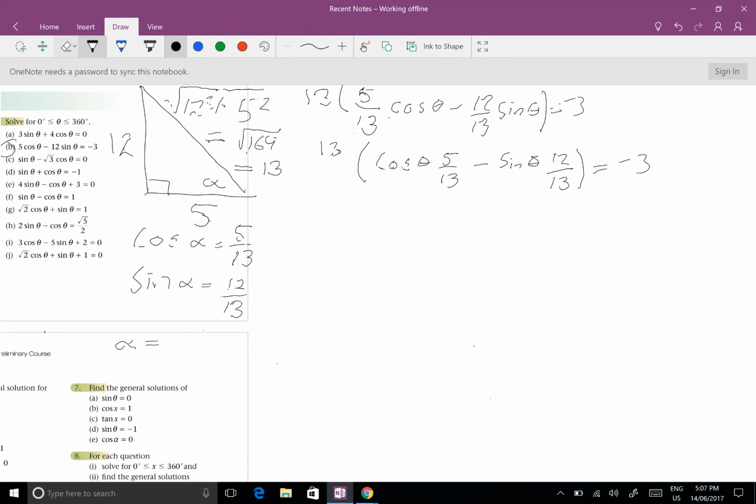So alpha equals the inverse sine of 12 on 13. I go to my calculator and do that, and I get 67 degrees, so alpha equals 67 degrees and 23 minutes.